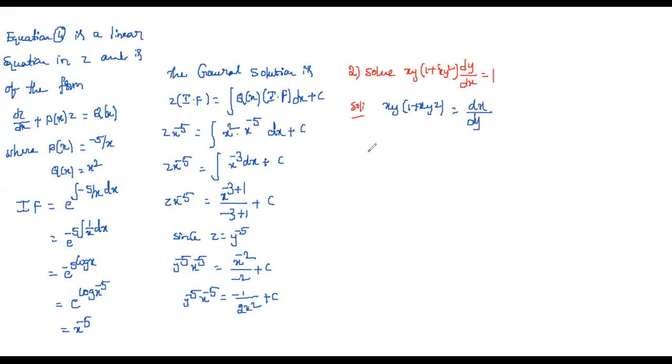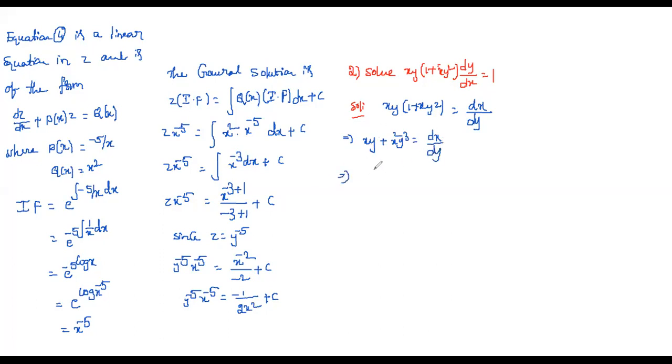So dx by dy is equal to xy into 1 plus xy square. You can multiply xy inside the terms. If you multiply that, xy into 1 is xy, and then x square y cube, is equal to dx by dy. And next, take this xy to this side.